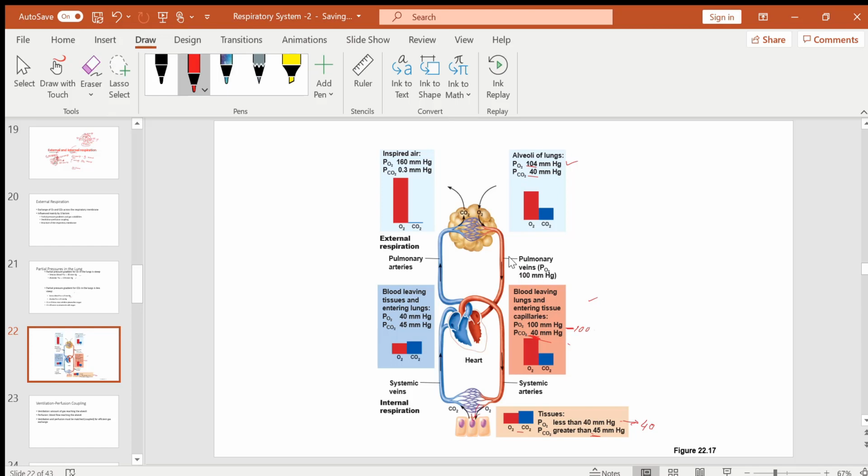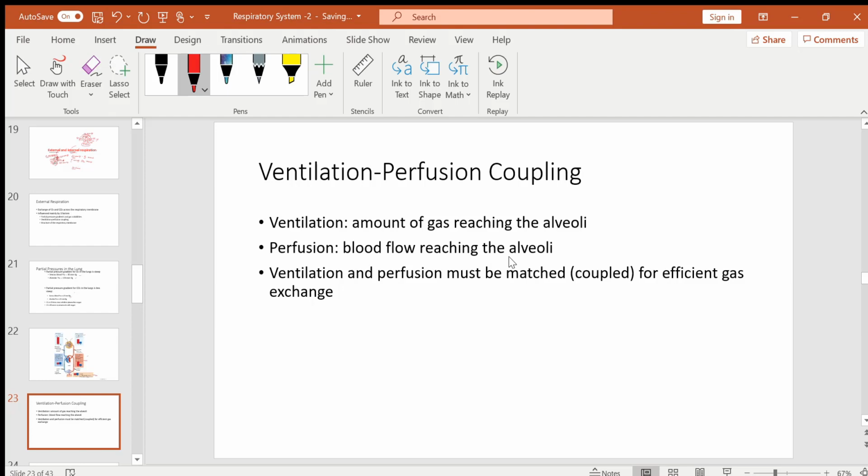Ventilation perfusion coupling is important. What is that? Your heart should send the blood to the lung when you inhale the air. Just think that you are inhaling, taking the oxygen from outside to inside, and your heart is sending the blood to the lung at the same time. That is the coupling, right? So that is efficient. Perfusion means flow of the blood in the lung.